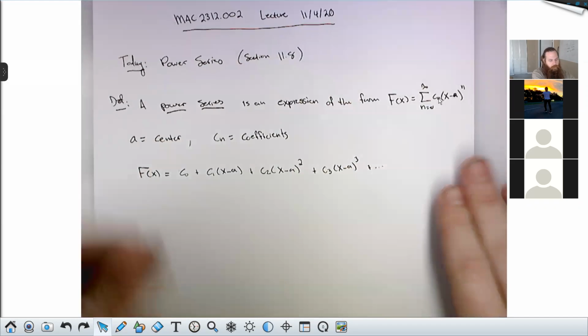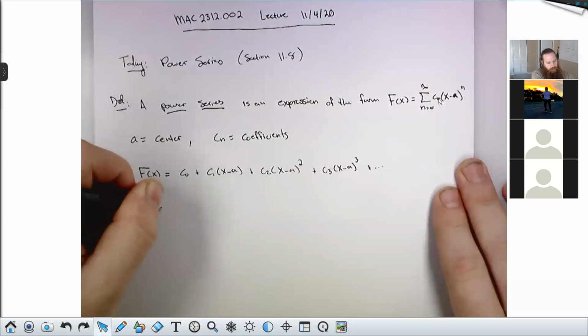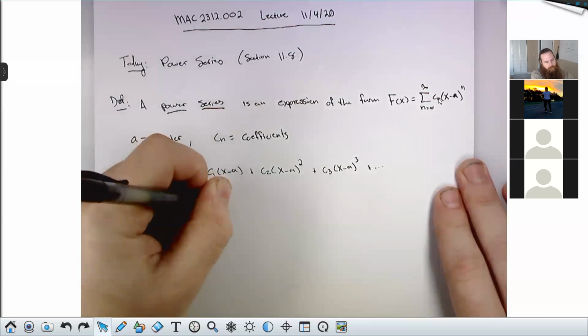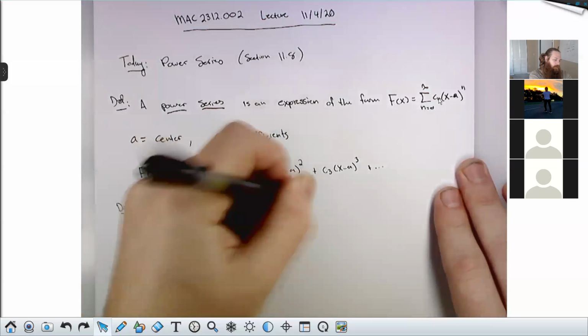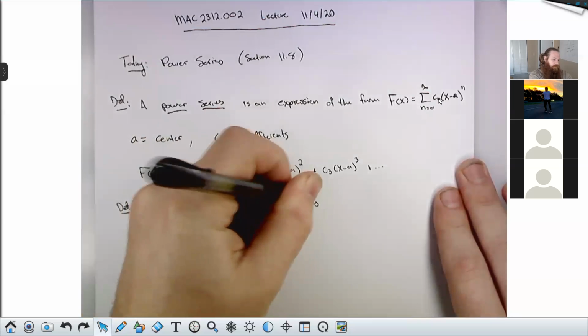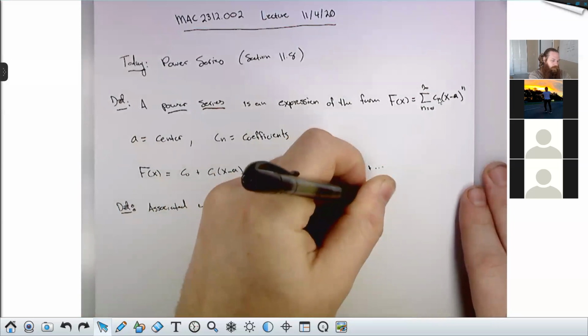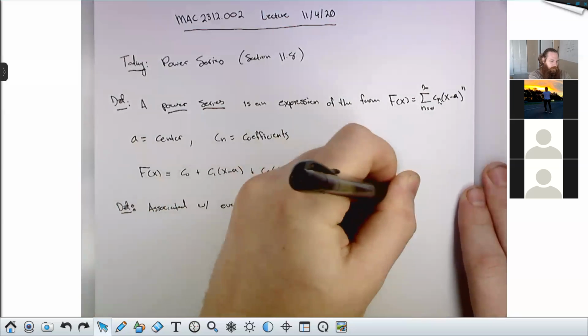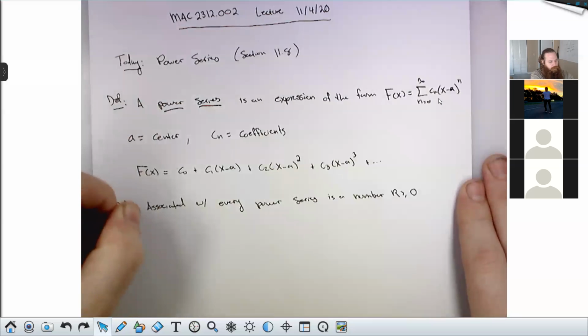Got two more little definitions for you. Associated with every power series is a number, capital R, which is greater than or equal to 0, called the radius of convergence.